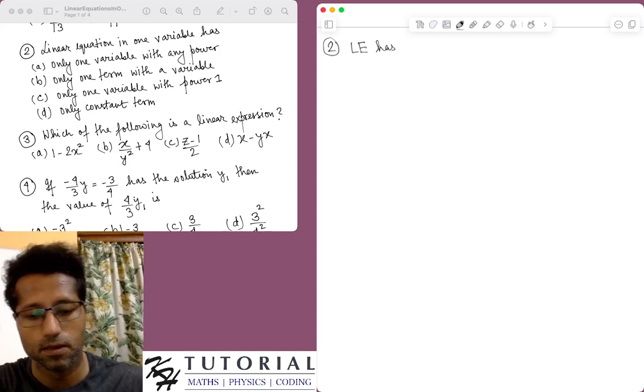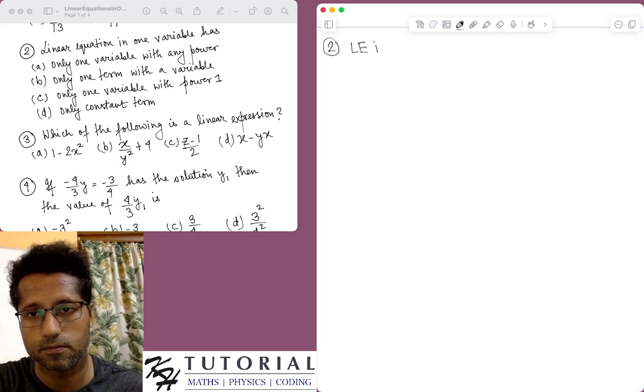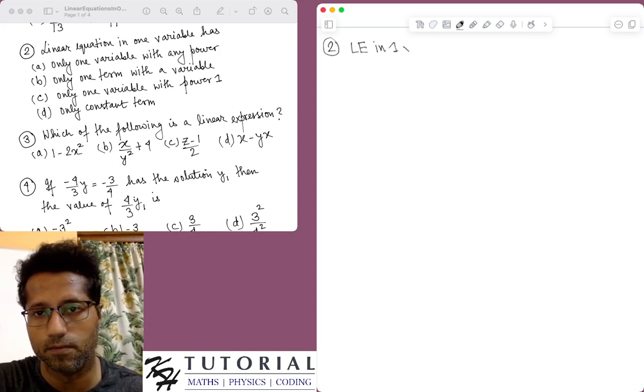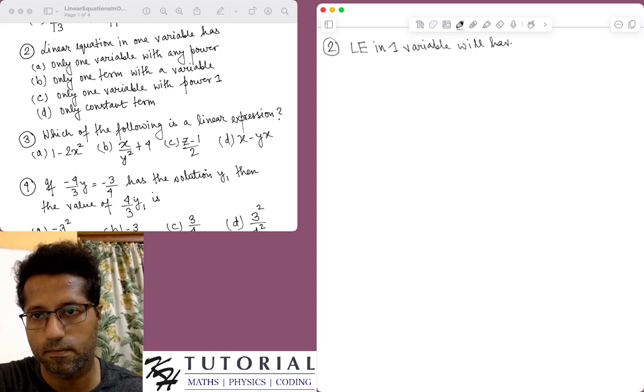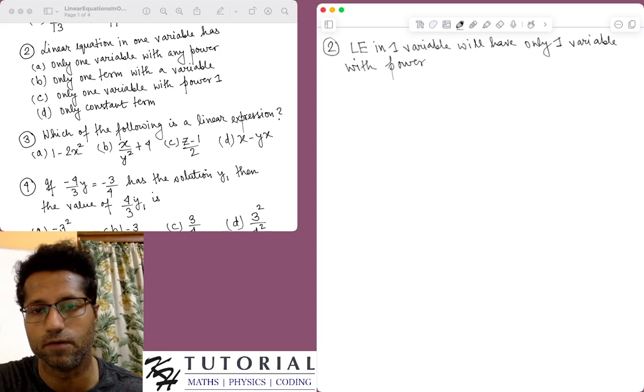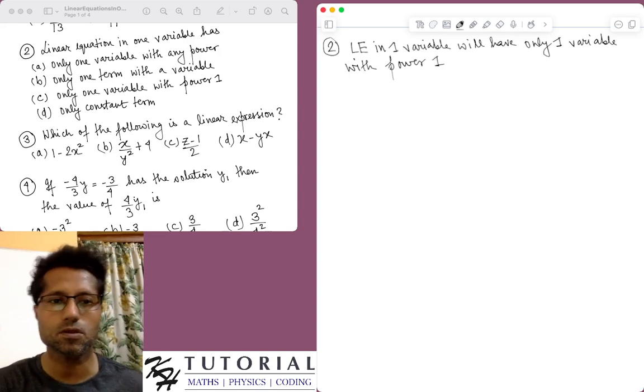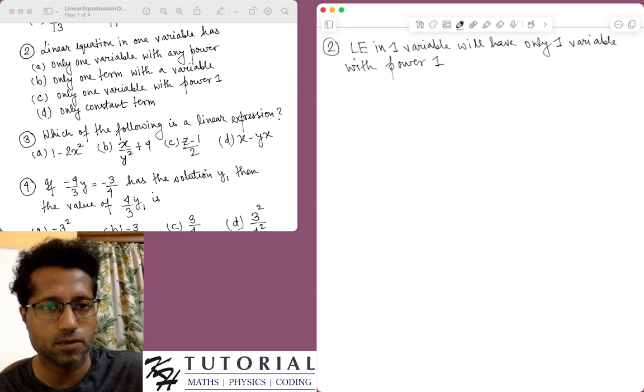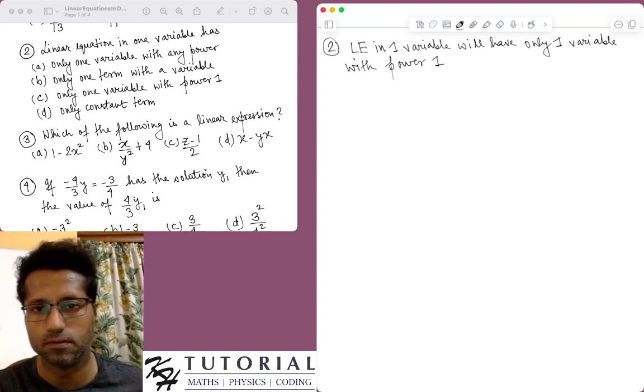So a linear equation in one variable will have only one variable with power 1. This is what we know from the concept of linear equations in one variable. So the choice will be C, only one variable with power 1.